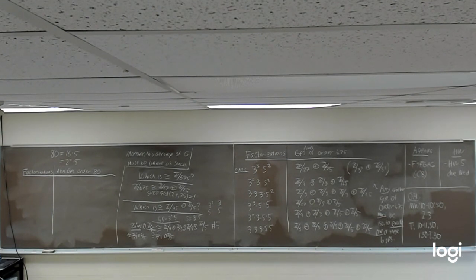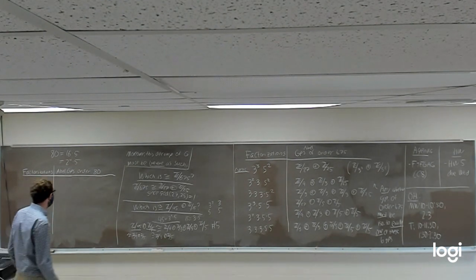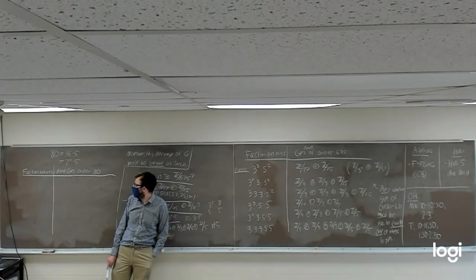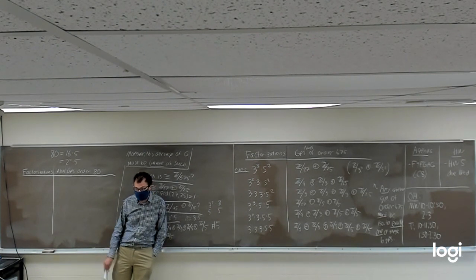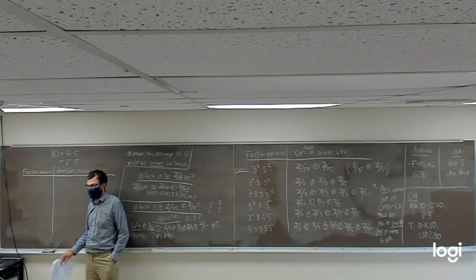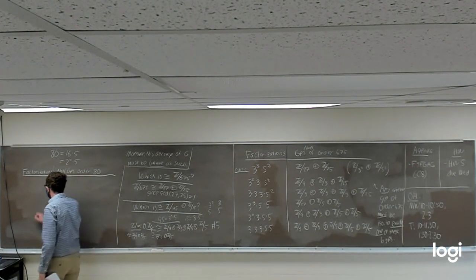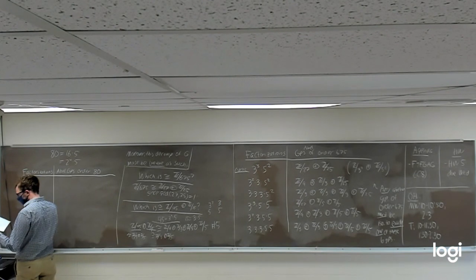All right, let's come back together. Who has the favorite factorization of 80 that they would like to start with? 2 squared, and 5. Oh gosh, you're starting with one of the middle ones. Okay, 2 squared, 5.